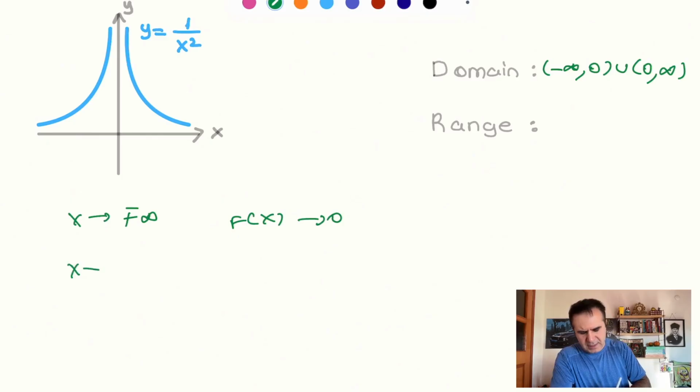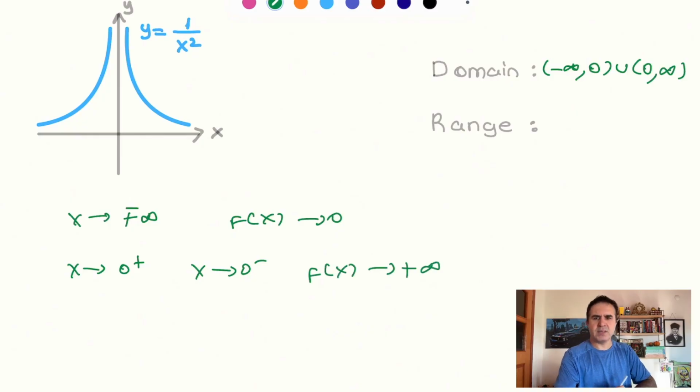And as x approaches 0 from the positive side or from the negative side, f of x goes to plus infinity. Therefore, the range will be from 0 to infinity.